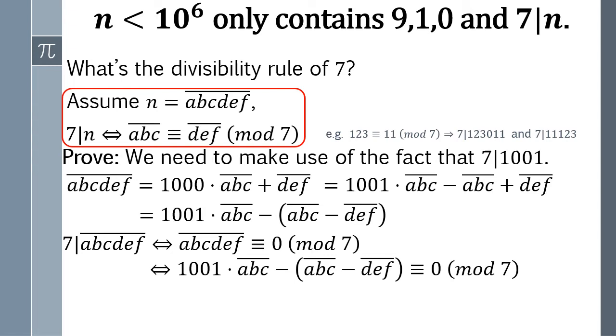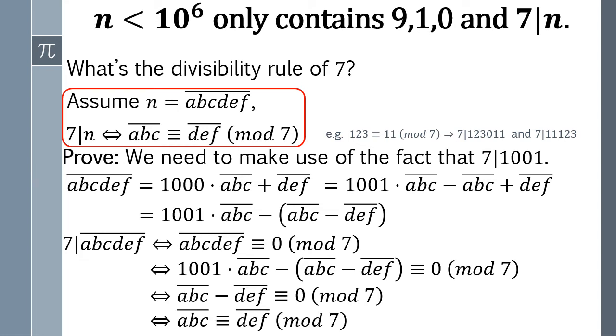Since 1001 is divisible by 7, this expression is further equivalent to abc minus def congruent with 0 modulo 7, and eventually abc and def are congruent modulo 7.